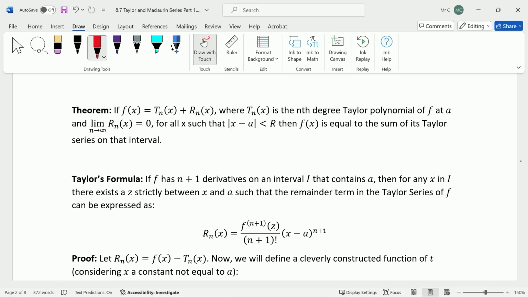So this is Taylor's formula and Taylor's remainder theorem. So if f of x is equal to the nth degree Taylor polynomial, so here, what this means is the nth partial sum for the Taylor series.